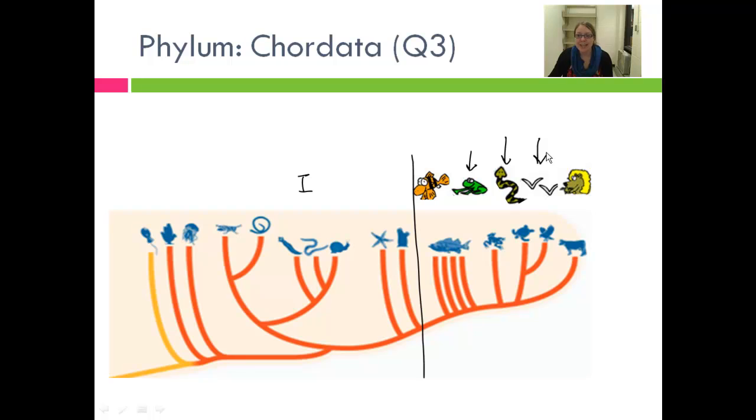Now we move into air with the birds, such as robins and sparrows and eagles and ostriches. And finally, the last group to evolve are mammals, which includes us. So that's a look at the animal kingdom, and specifically the phylum Chordata, the vertebrates.